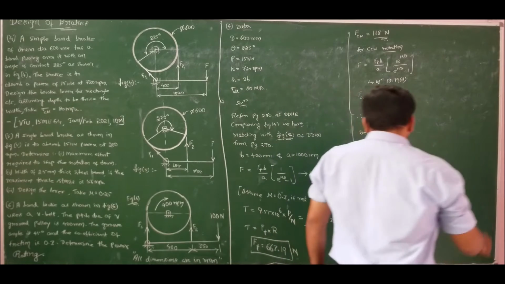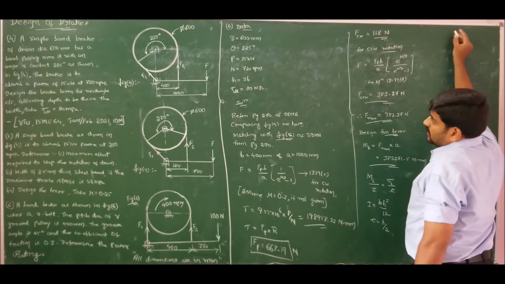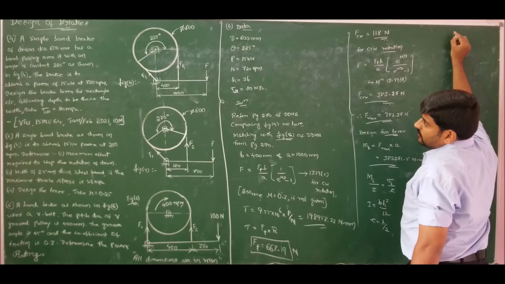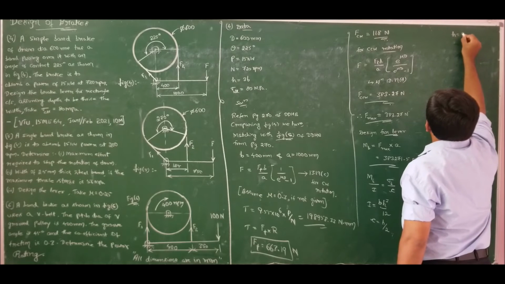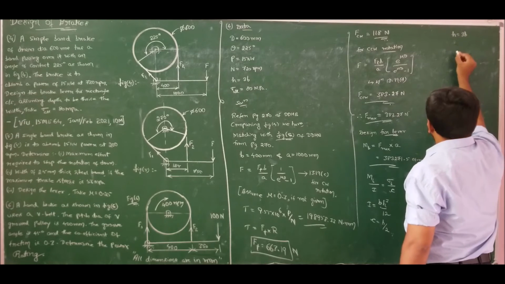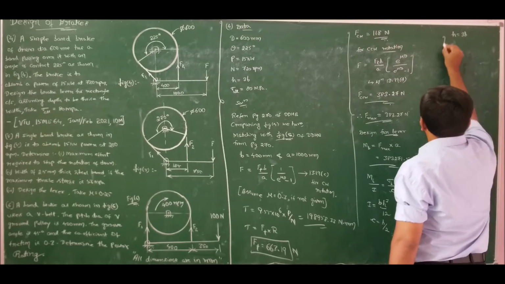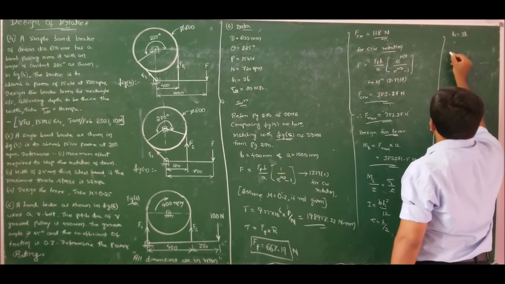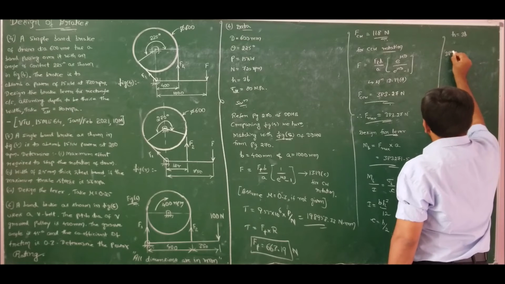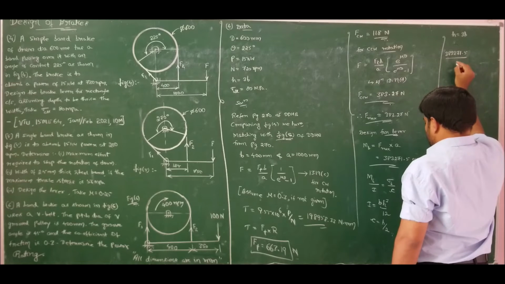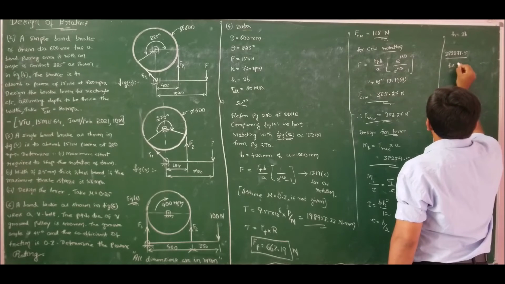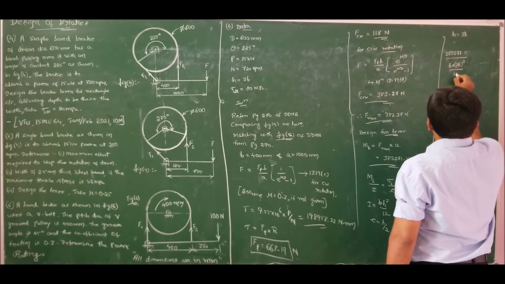It is also specified the relationship between height and width as depth is to be thrice the width. So depth h should be equal to thrice the width. So therefore, if I substitute all the values, Mb is known, which is 383,271.5, divided by I, which is bh cube by 12, b into 3b whole cube by 12.